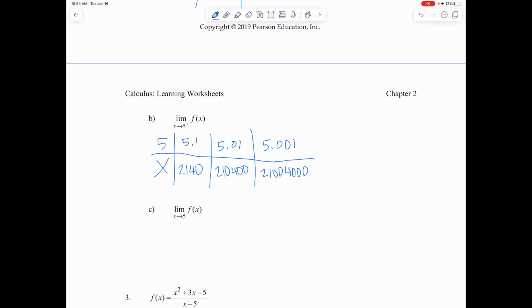Okay, this one also going to infinity. So since they're both going to infinity and they're both going to the same place, then the limit goes to infinity.